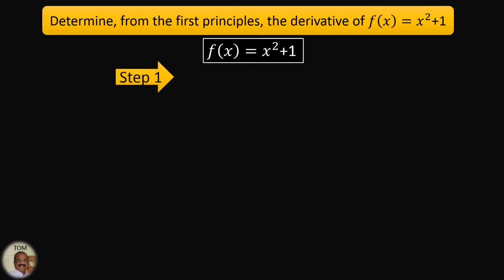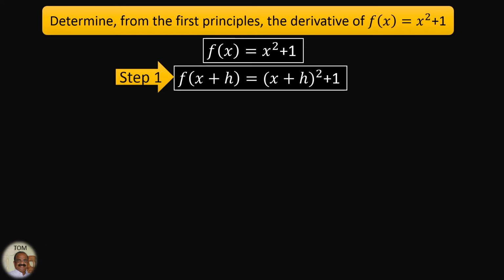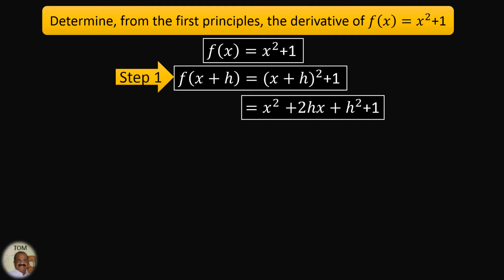F of x plus h is equal to x plus h whole square plus 1. We replace x with x plus h. And now we have a bracket, so we expand very carefully. X plus h whole square is x square plus 2hx or 2xh, anyway you can write, plus h square plus 1.